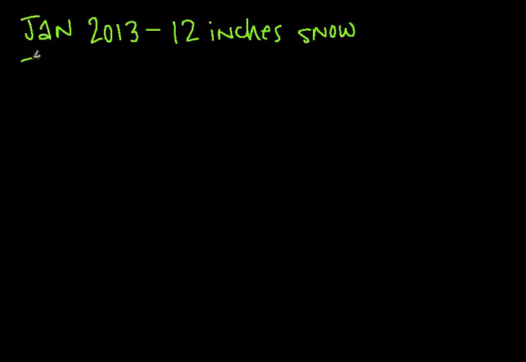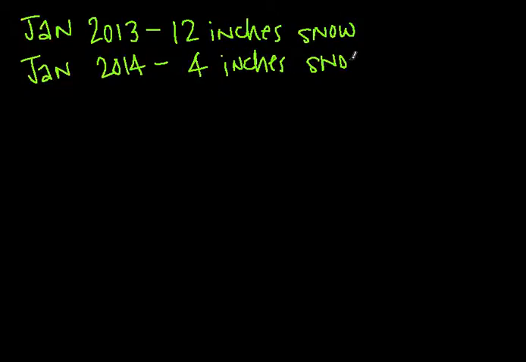And then in January of 2014, that's this year, we only got 4 inches of snow. And they want to know what is the percent of change between this year and last year.